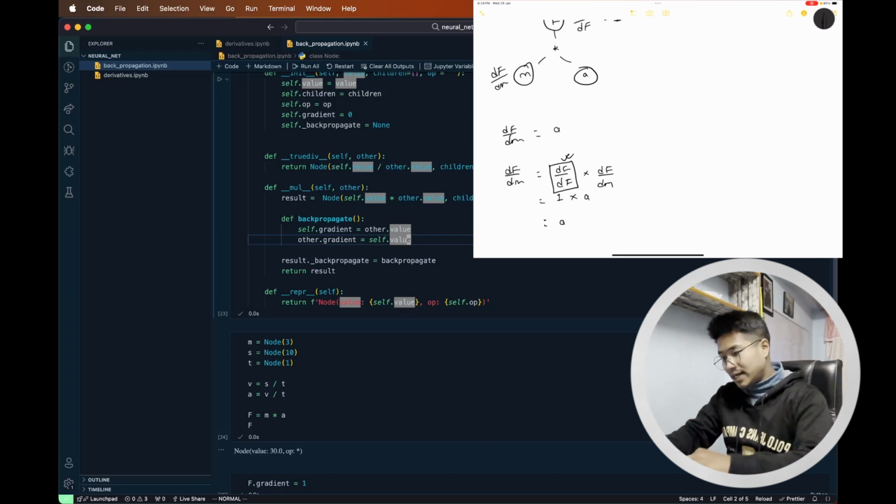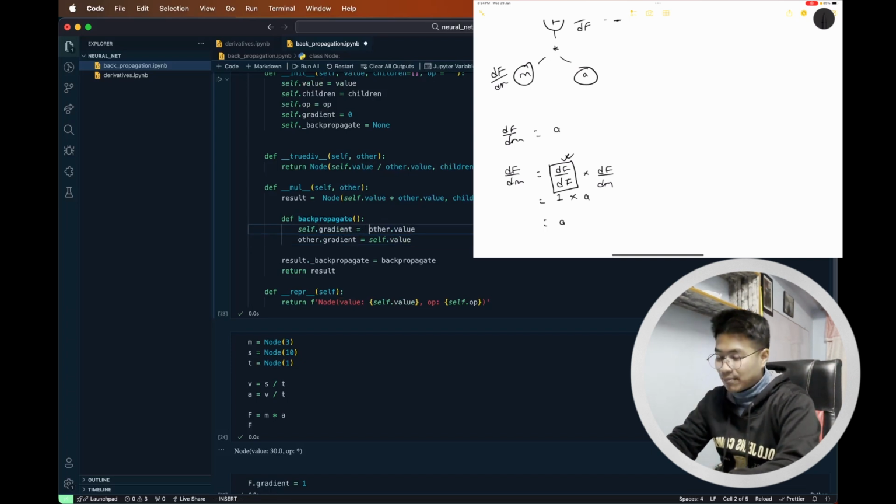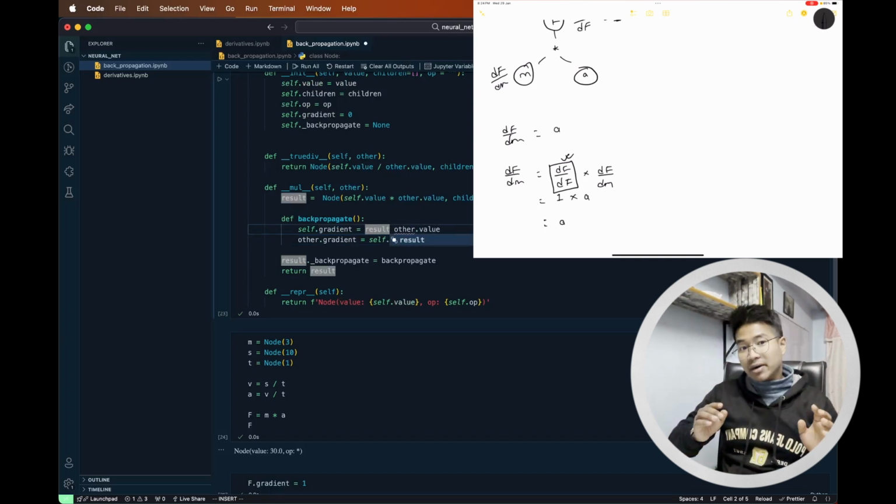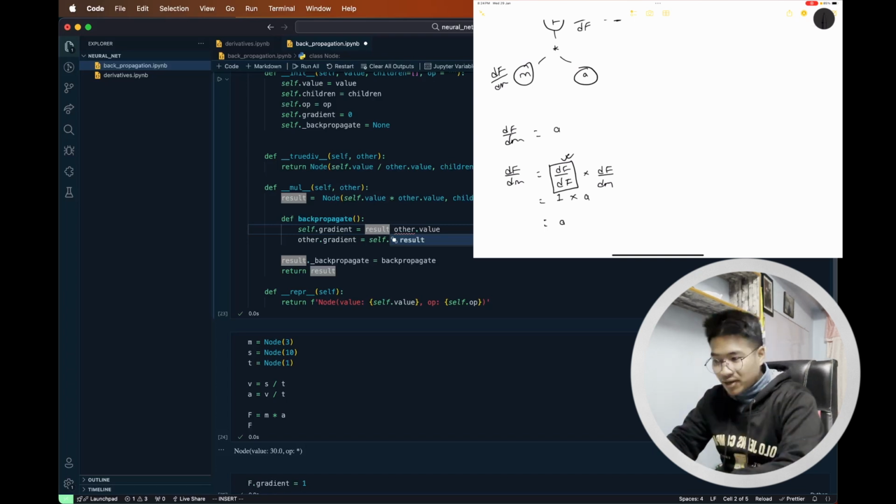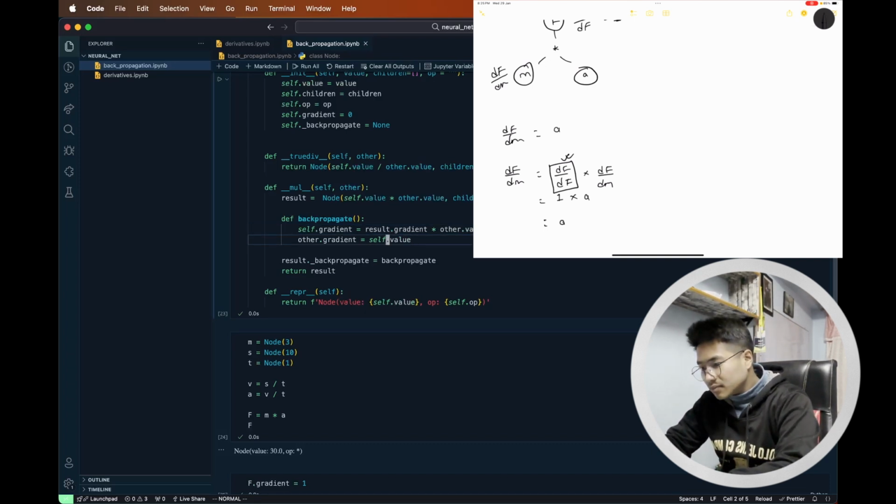So what I should really do over here is apply the chain rule and say, whatever the result is, remember f is the result, I want the gradient for that result to be included when I calculate the gradient for self. Same thing over here: result dot gradient times self dot value.